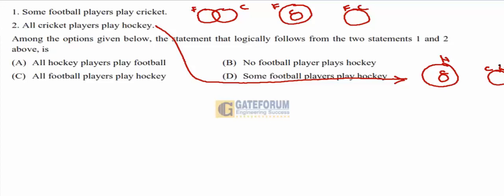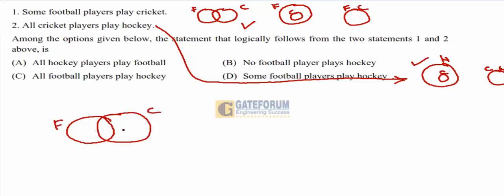So now we will have to think together about the most significant ones. And the most significant ones would be this one and this one. So let us take them together and see what can be the result. You see, this is football and this is cricket. Now, hockey: all cricket players are hockey players, but nothing is known about the football players.